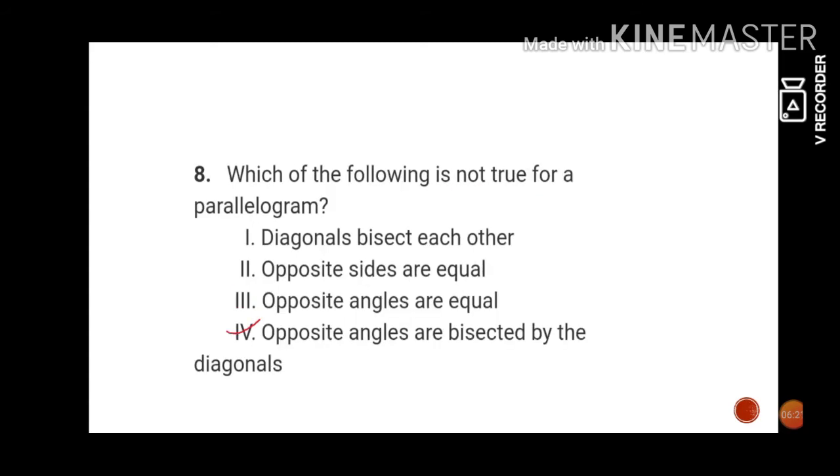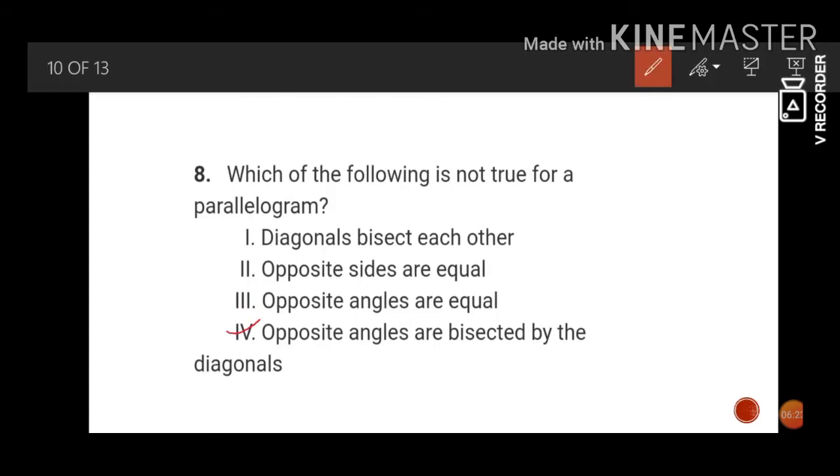Question number 8. Which of the following is not true for a parallelogram? So out of the 4, one option is not true. Diagonals bisect each other. It is true for a parallelogram that the diagonals do bisect each other. We can see it on page number 151 of the NCERT book in the summary, point 3 subpart 3.